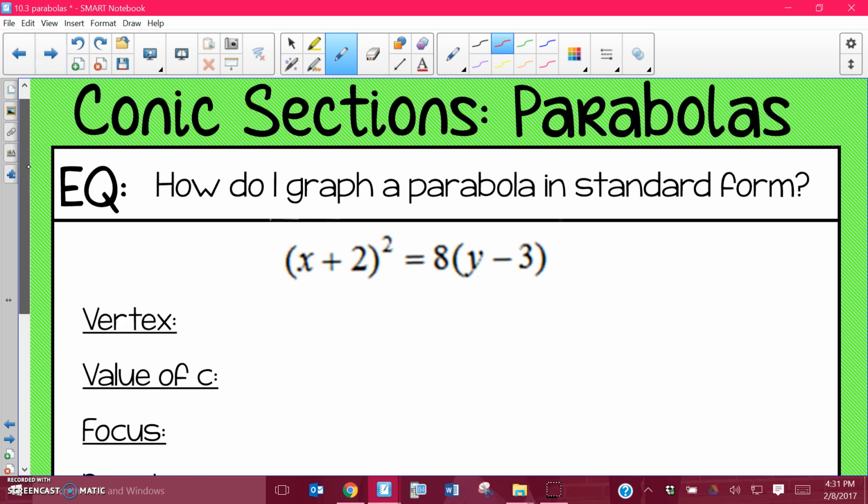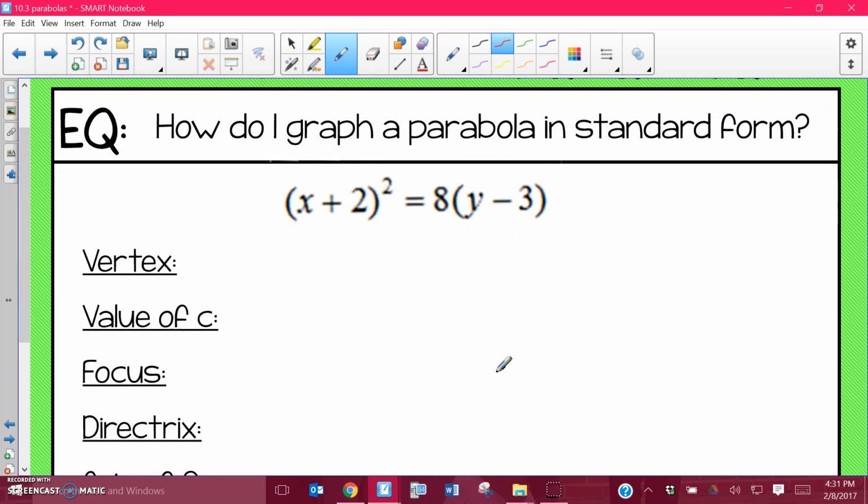Okay, so here is my beautiful parabola, and I need to learn about a lot of pieces of it. And again, a lot of times it's going to be the easiest if you can get a graph of it and then name points. So the first thing I need to have is that my squared term is over here, and then the constant term, the number, is with the not squared thing.